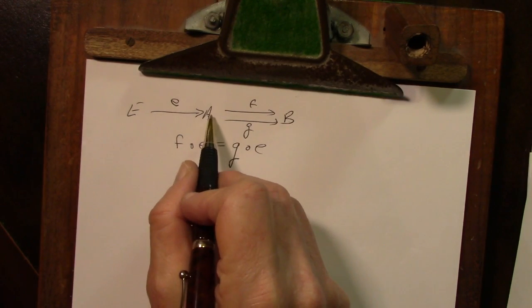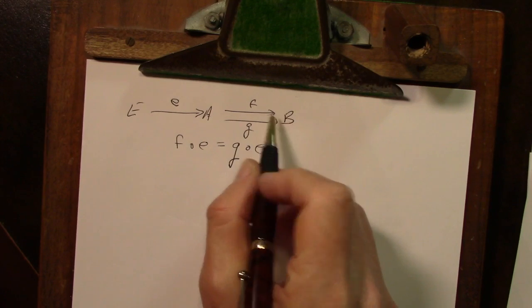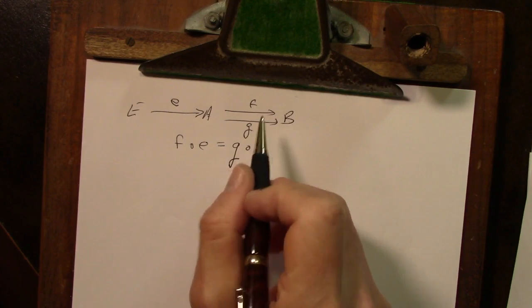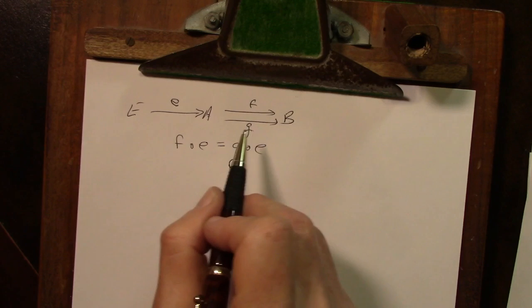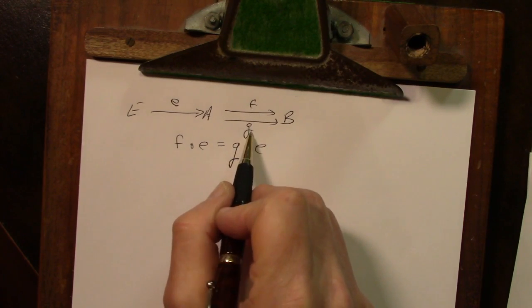But there's also two paths from A to B. One's F and one's G, and so the way I've defined commutativity of the diagram, F and G would have to be equal.